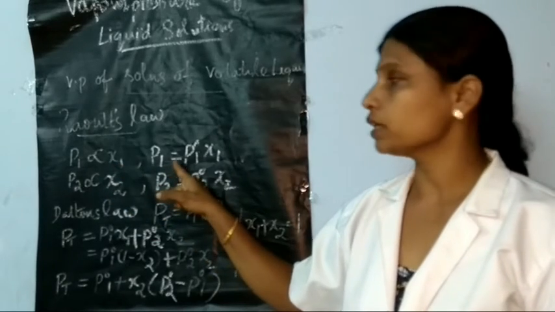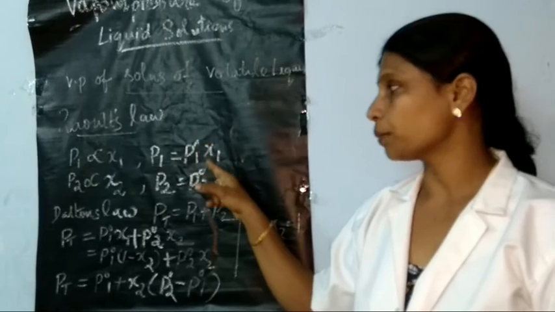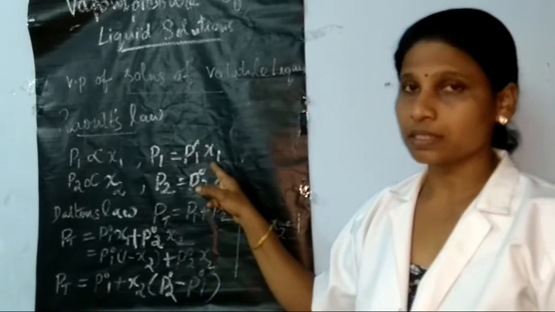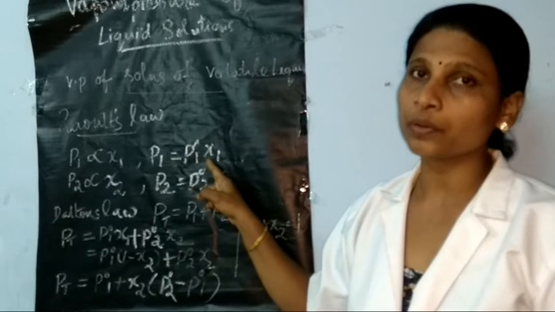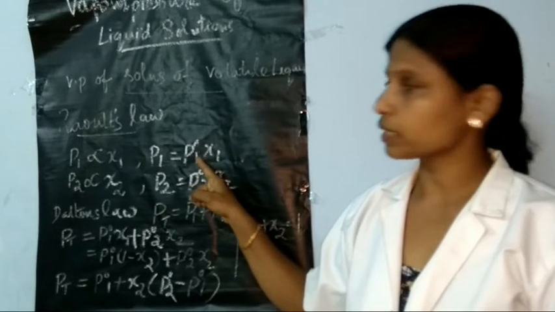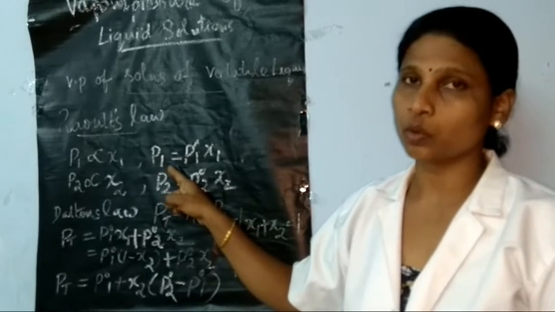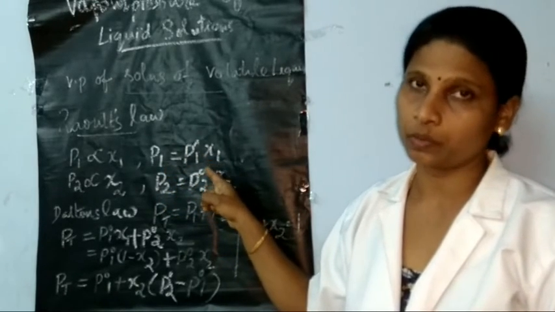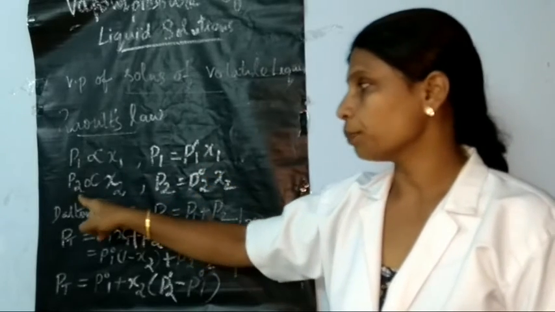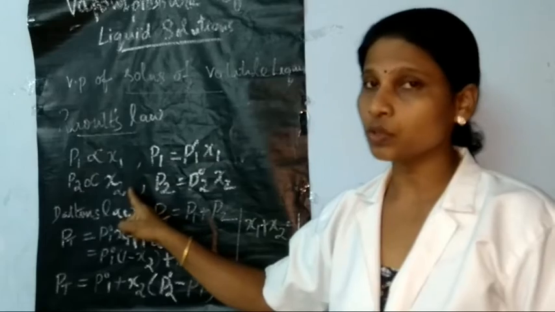Therefore, P1 is equal to P01 into X1. Here P01 denotes the vapor pressure of the pure component. For example, P1 is the partial pressure of the solvent, P01 is the pressure of the pure solvent. Here P2 is the partial pressure of the second component, X2 its mole fraction.